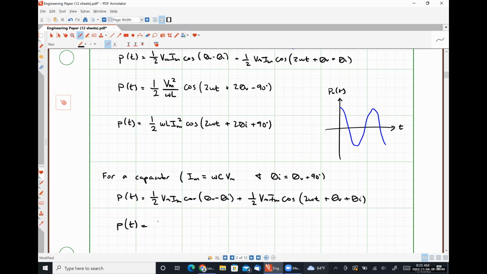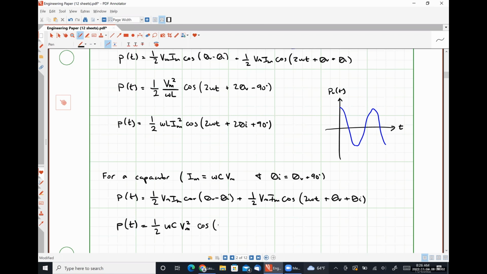This is going to be 1/2 omega C Vm squared. So when we do theta V minus theta I this time, it's going to look like negative 90 degrees. The cosine of negative 90 degrees is still 0, so we have no average value.